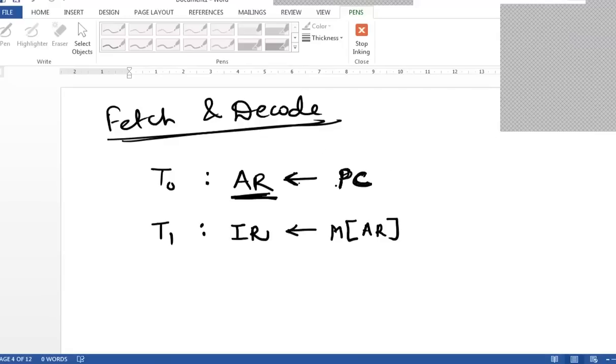But where would that instruction be actually? It would be in memory. You need to fetch that instruction from the memory. PC would store कि कौन सी instruction access करनी है. It consists of the address of the instruction. So that instruction address is first stored in address register. From memory, that particular instruction is fetched and it is placed in IR.